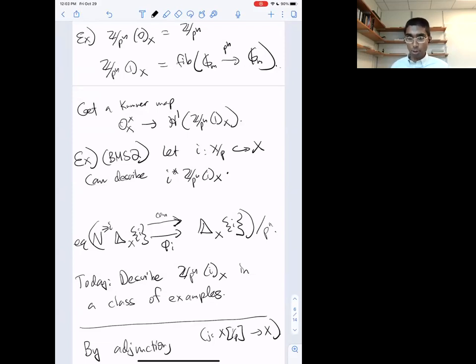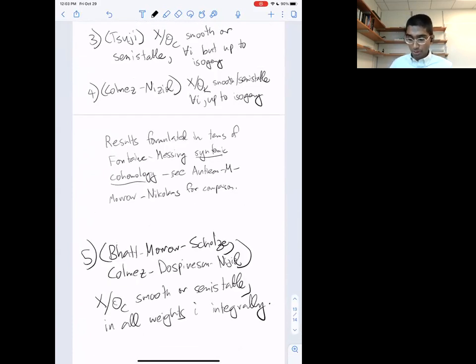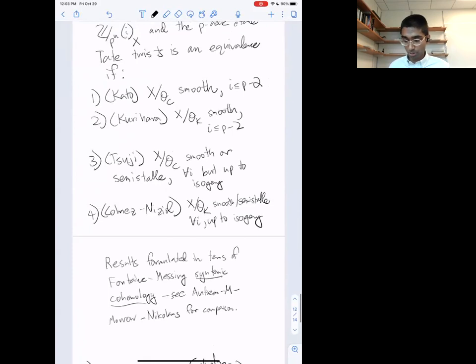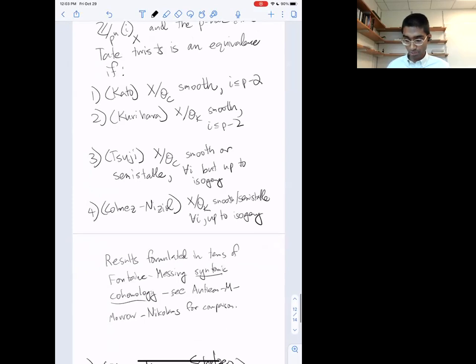These results were formulated before prismatic cohomology, but there's a similar thing you can do with derived de Rham cohomology or crystalline cohomology instead of prismatic cohomology, and that's called syntomic cohomology. In the paper with Antieau, Mathew, Morrow, and Nikolaus, there's this comparison between syntomic cohomology and the BMS2 complexes. It's because these results are formulated in terms of syntomic cohomology that they're formulated in weights up to p-2, or up to isogeny.